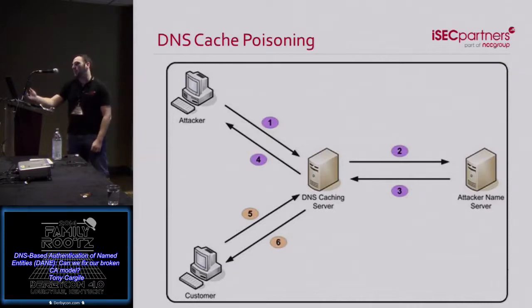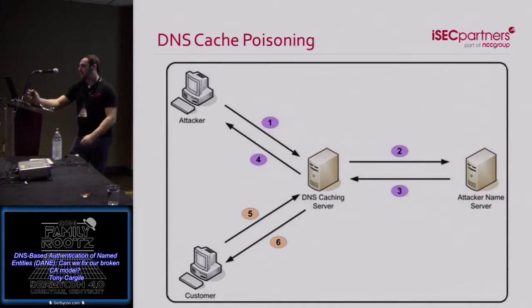So say a client goes to a DNS caching server and says, I want www.bank.com. While that server recursively looks for the record for bank.com, it allows a window of opportunity for an attacker to send a response to that caching server pretending to be the authoritative answer.